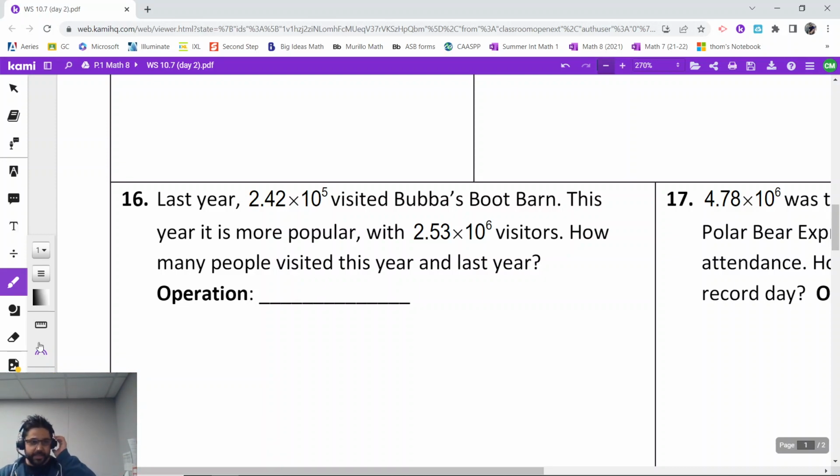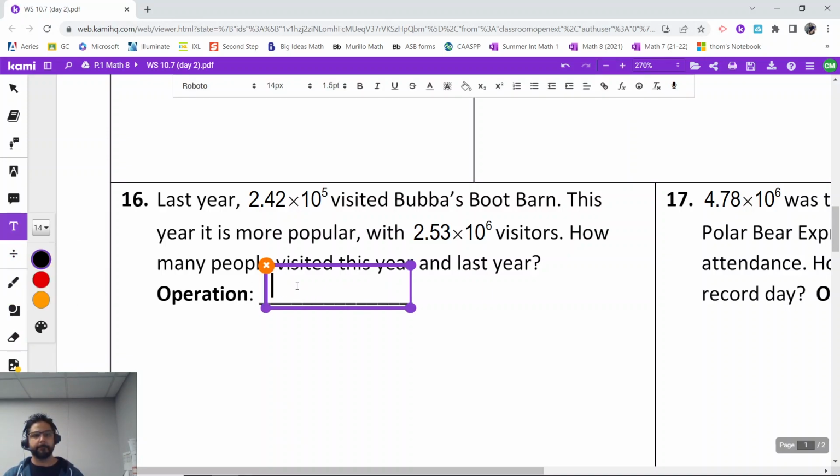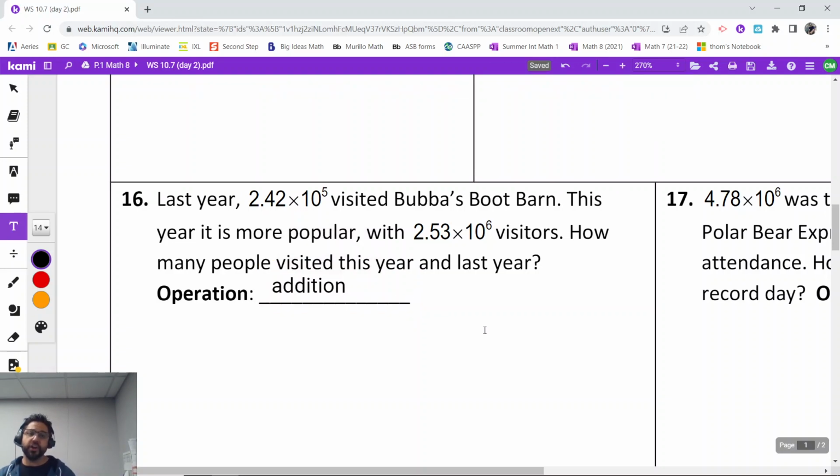Which is really going to be an addition operation. But if you notice, they currently cannot be added using method number 1 because they have different exponents. So it means you'd have to change the exponent 5 into an exponent of 6 and then add it. Very similar to what we did on the previous ones.